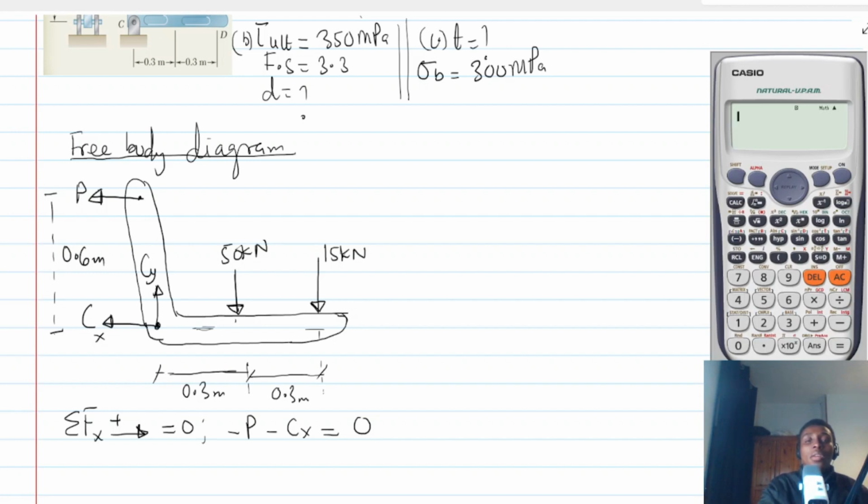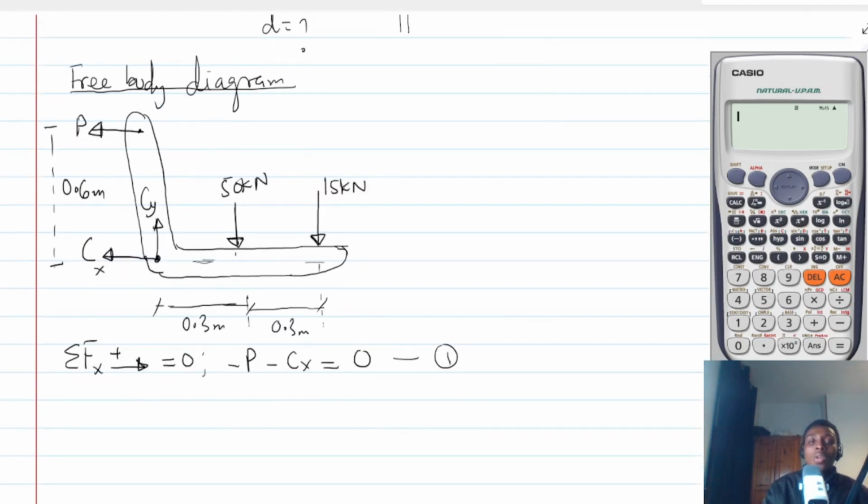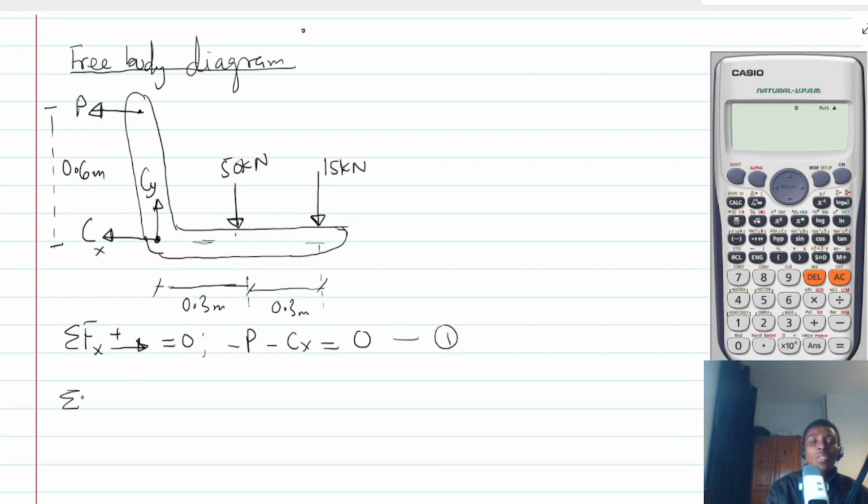And then what do we also have again? We have summation of forces along the Y, positive, should be 0. So we have CY going up, minus 50 coming down, minus 15 coming down to be 0.